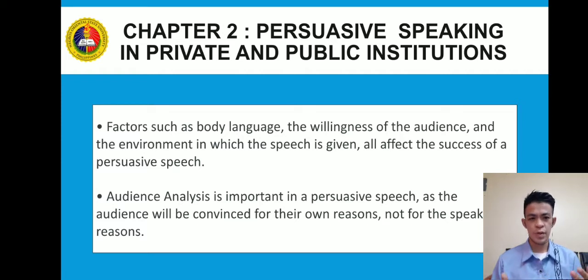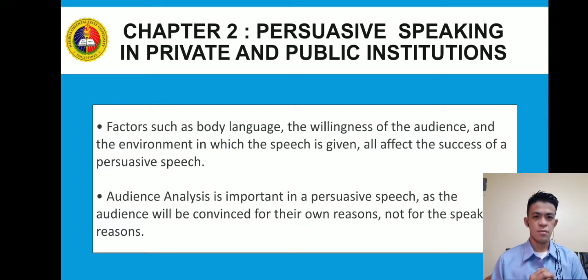So in order to persuade someone, he must act professionally. Also, it is the use of words towards the audience. It is very important to check the usage of words, and also the environment in which the speech is given. As a speaker, it is very important to become observant before giving a speech.